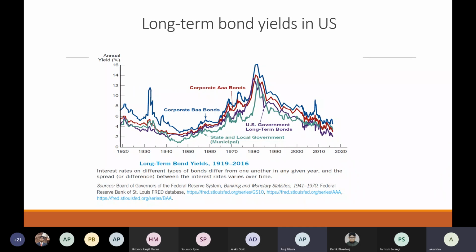Even I have a paper on quantitative easing. Even quantitative easing, if you assume it started in 2008 onwards after the Lehman Brothers crisis, the day the crisis happened, 700 million was infused by the Fed. So that is not the case.